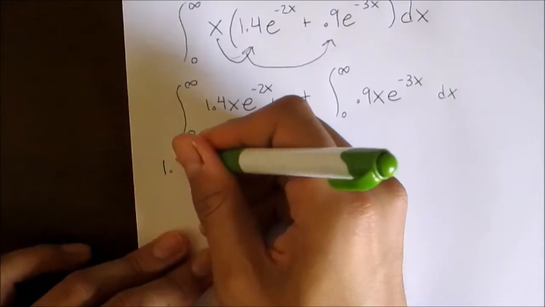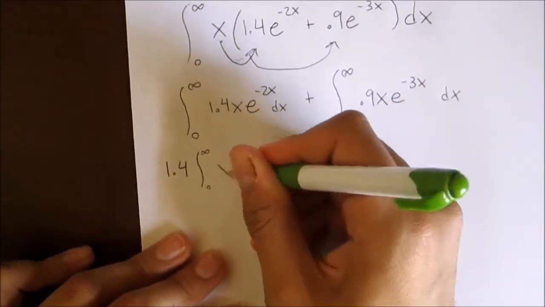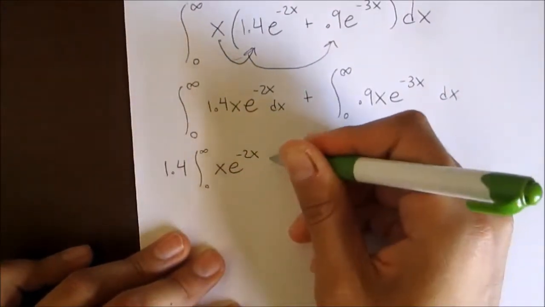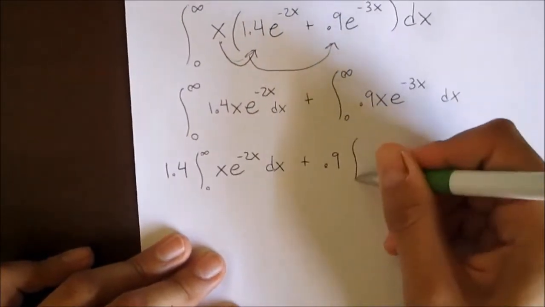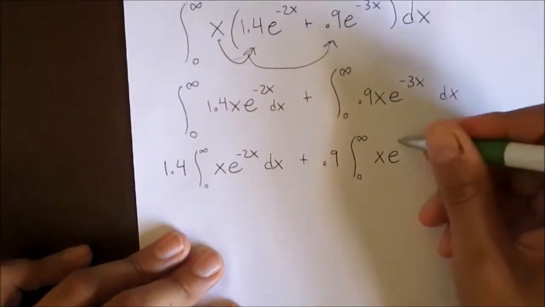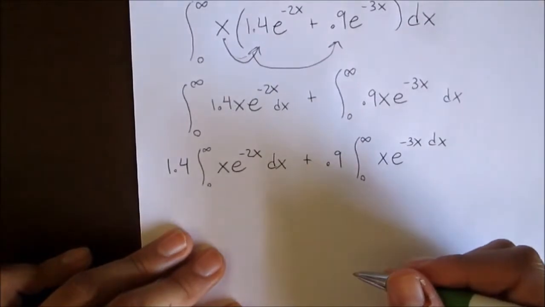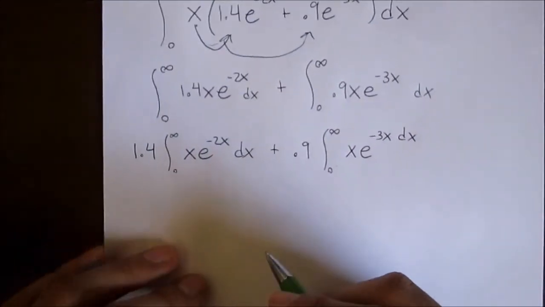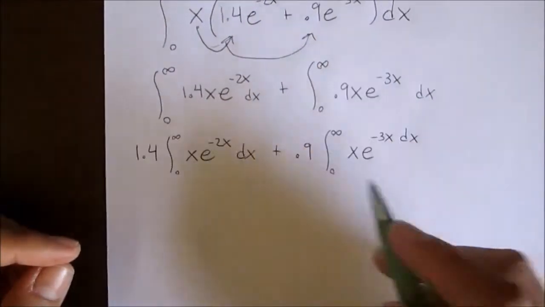So we get 1.4 integral from 0 to infinity of x e to the negative 2x dx plus 0.9 from 0 to infinity x e to the negative 3x dx. Now, like I said, this is integration by parts.